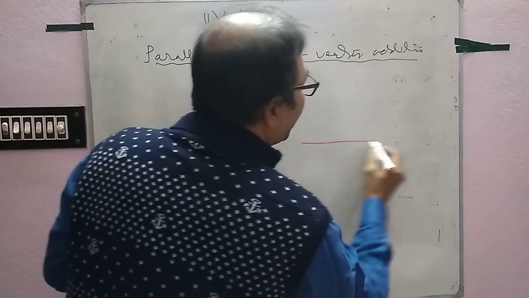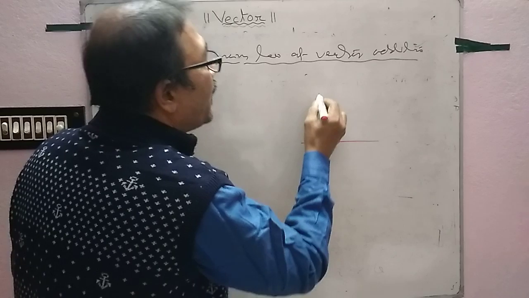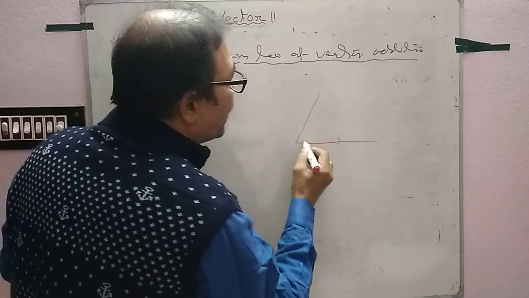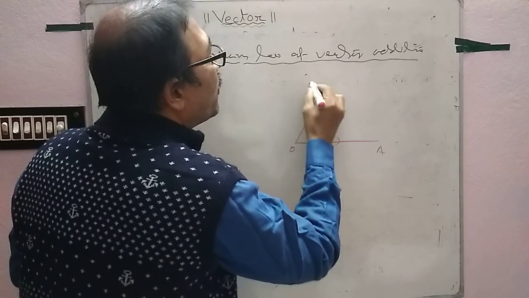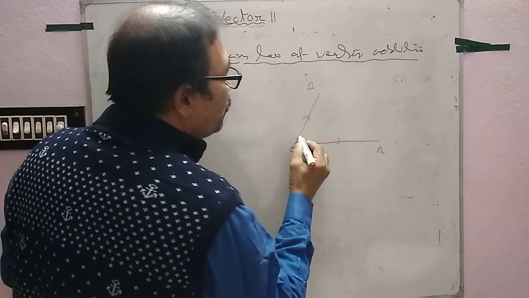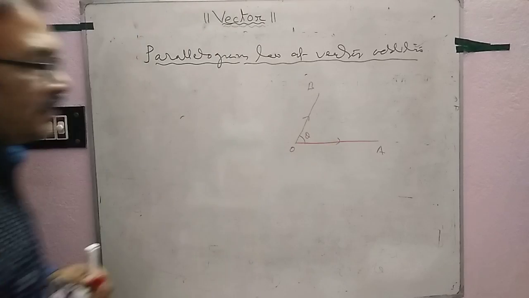This is a vector and this is another vector. O, A, B: OA and OB are two vectors, and the angle between them is theta.